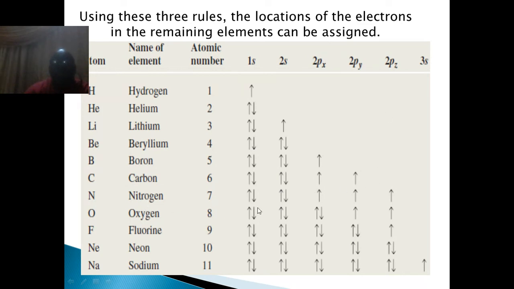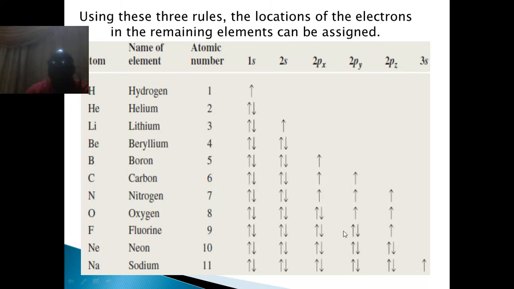Similarly for nitrogen, it is 1s2, 2s2, 2p3. For oxygen, 1s2, 2s2, 2p4. For fluorine, it is 1s2, 2s2, 2p5. And for neon, which has atomic number of 10, it is 1s2, 2s2, 2p6. You can see that for neon, all the p orbitals are occupied with electrons.